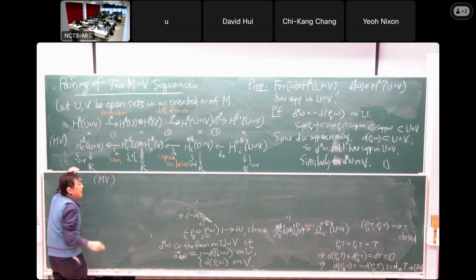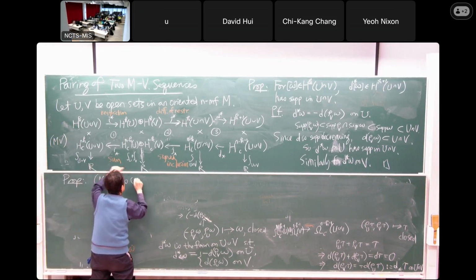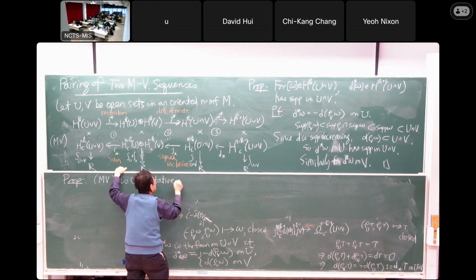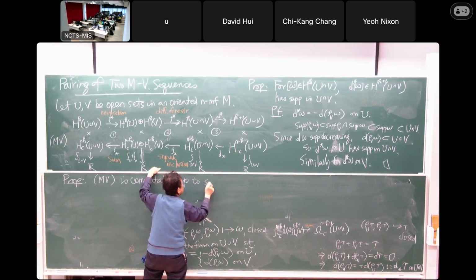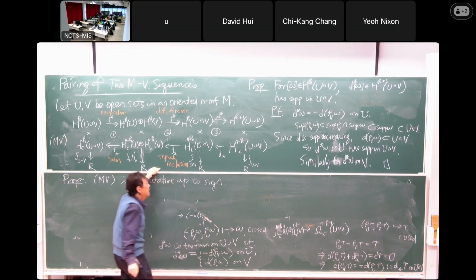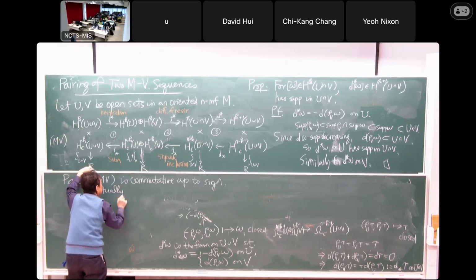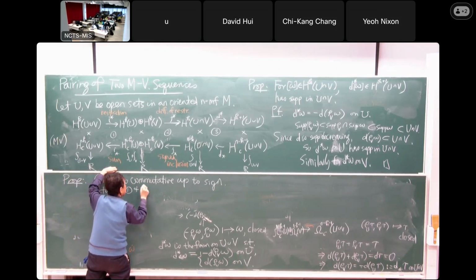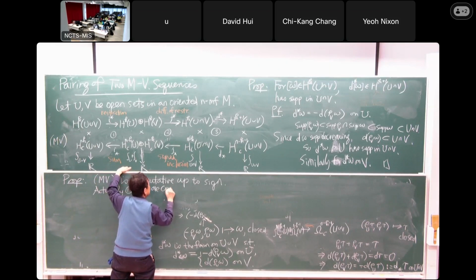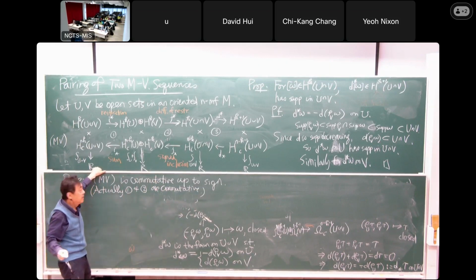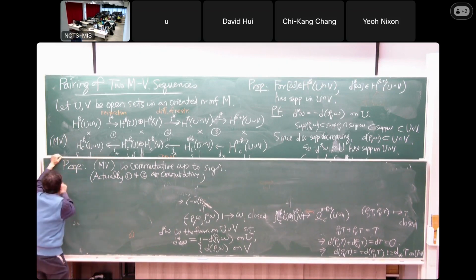The Mayer-Vietoris diagram is commutative up to sign.